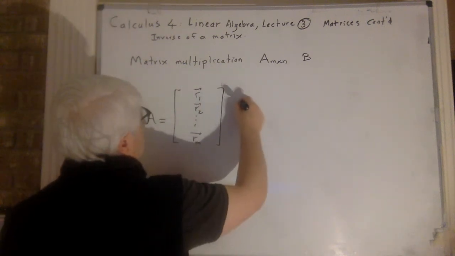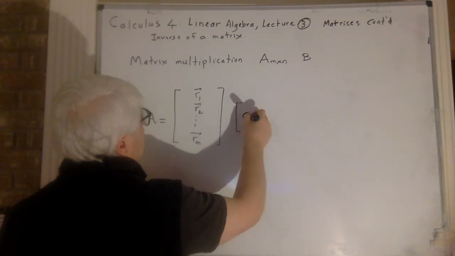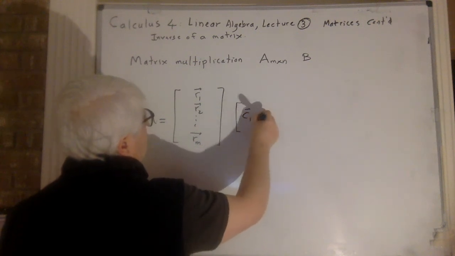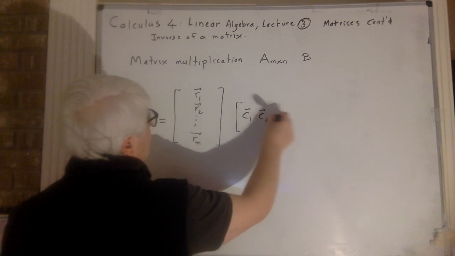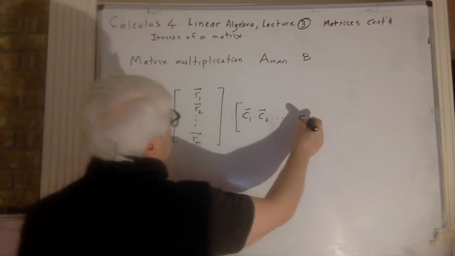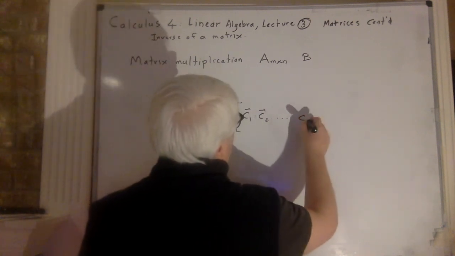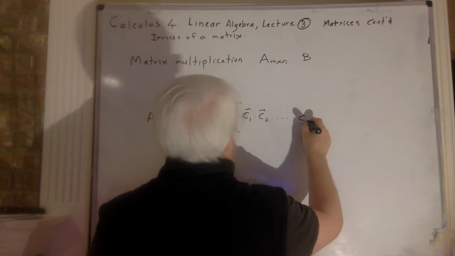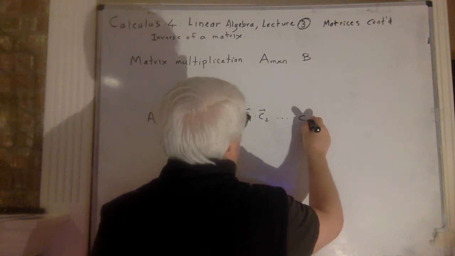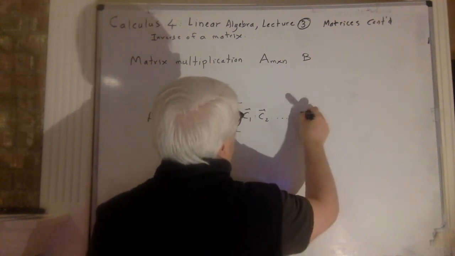I write B in this format, C1, the first column, C2, the second column, up to, let's say, CQ.